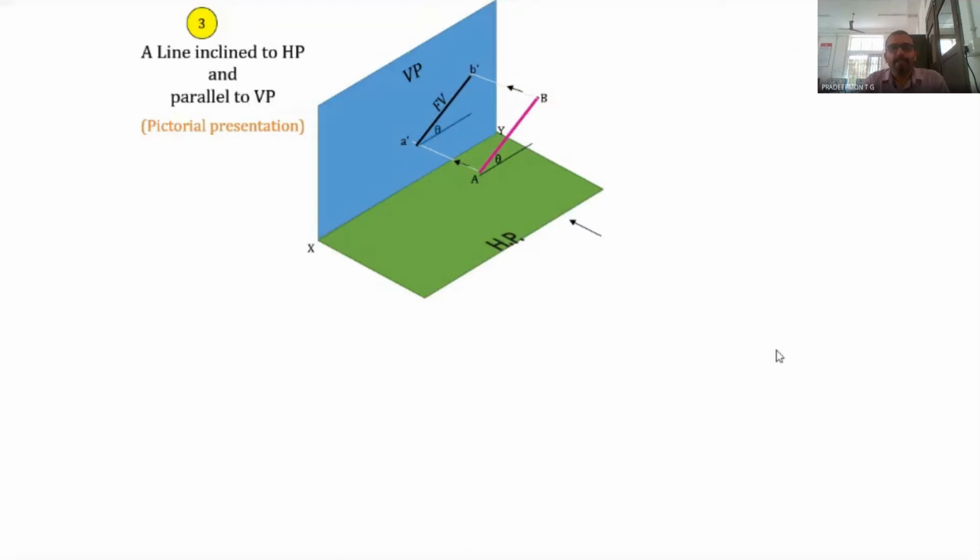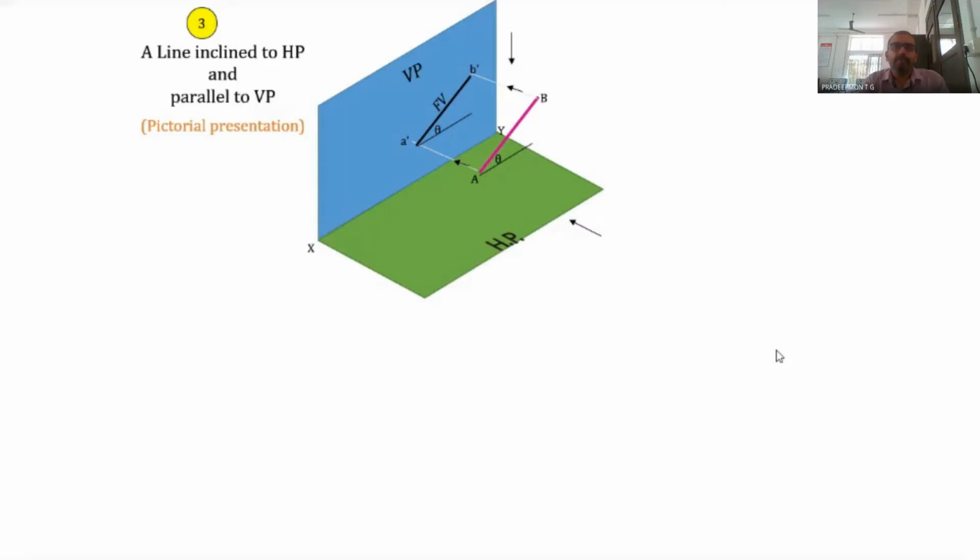Now the angle of the line A dash B dash with the XY line will be the same as theta. How it comes, we can see in a triangle. That is, when the line is parallel to VP, the front view shows an angle equal to the inclination of the line with respect to HP.